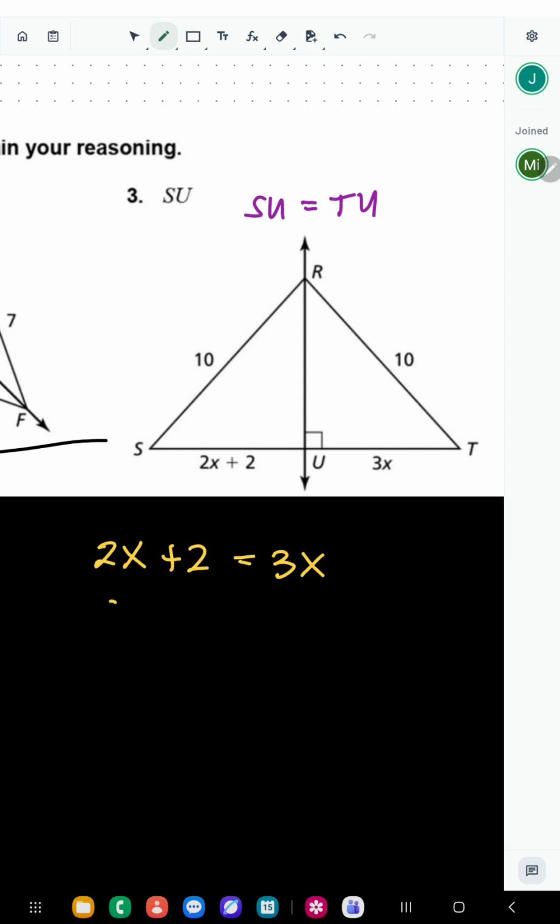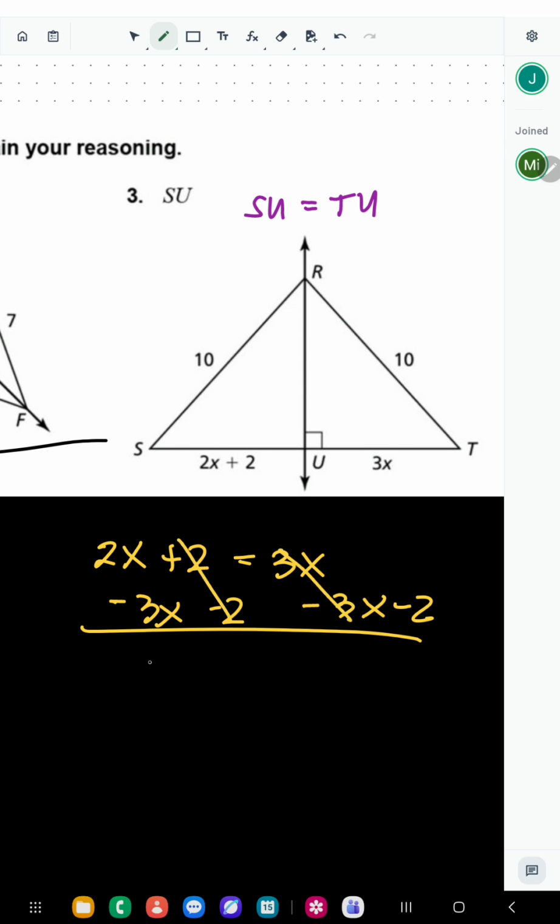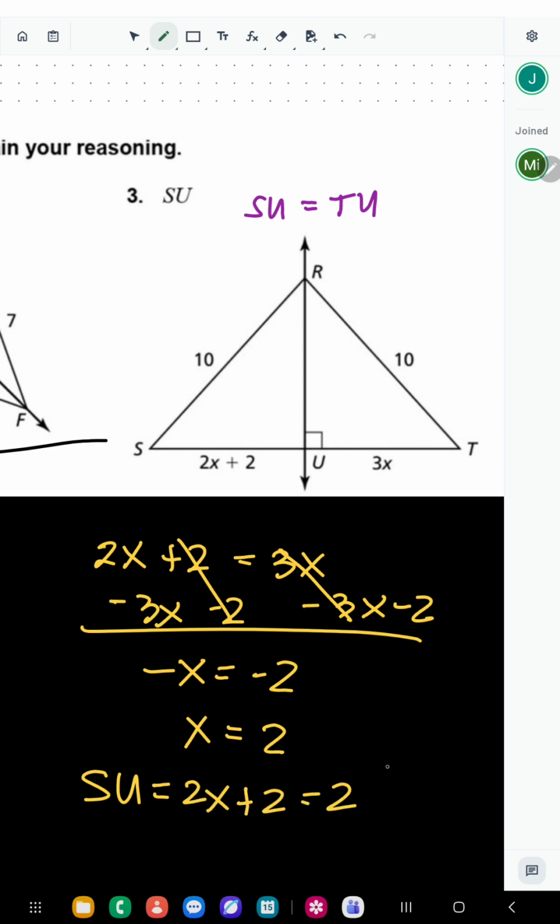Then we group like terms: 2x minus 3x, this is negative x equals negative 2. So x is equal to 2. Therefore, SU, which is 2x plus 2, is 2 times 2 plus 2. This is 6. So SU is 6.